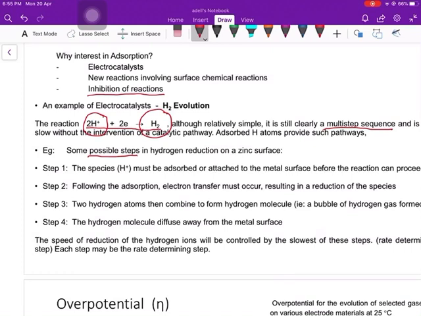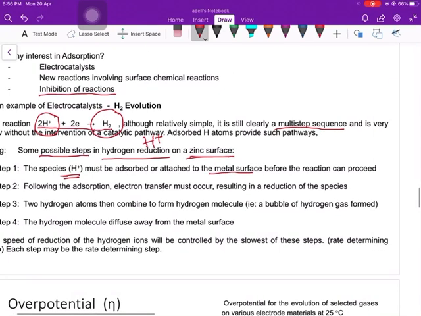For example, in this case, the hydrogen reaction on a zinc surface. The electrode is zinc, and the solution contains hydrogen ions. There are some possible steps in the production of hydrogen gas. First, the hydrogen ion must be adsorbed or attached to the zinc surface before the reaction can proceed.